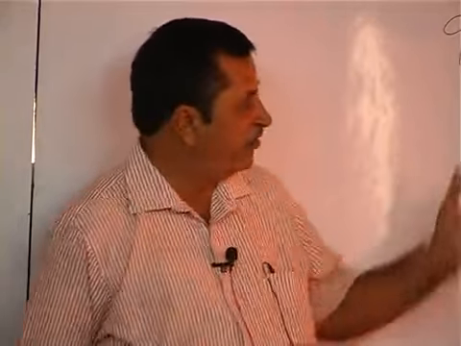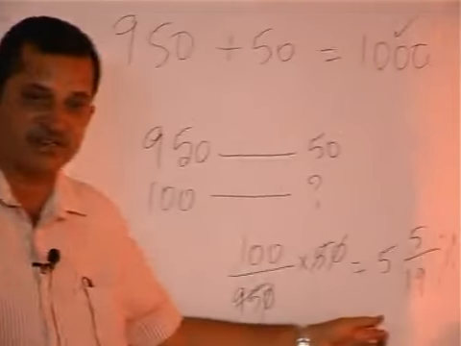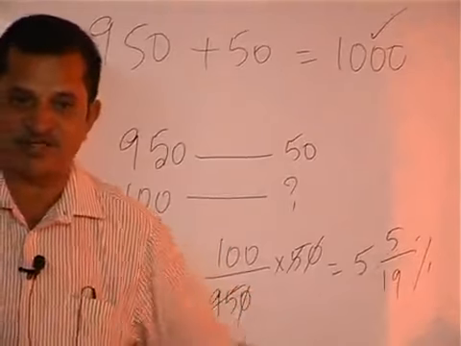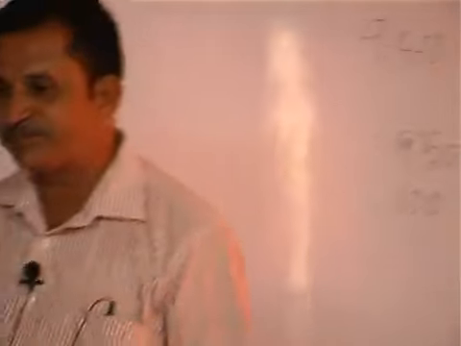Here the weight is given and the percentage of profit is asked. In the next question, the percentage of profit may be given and the weight he substituted may be asked. Write down that question also.